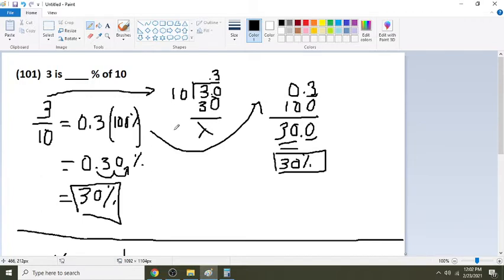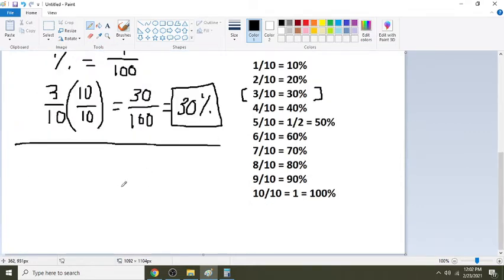Now let's give you a preview of how this is written in algebraic form. 3 is what percent of 10.